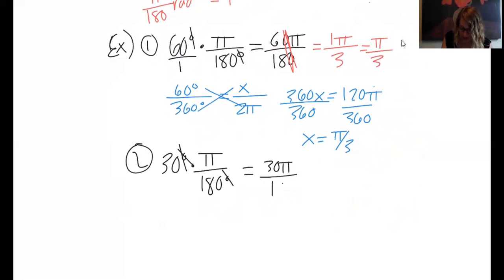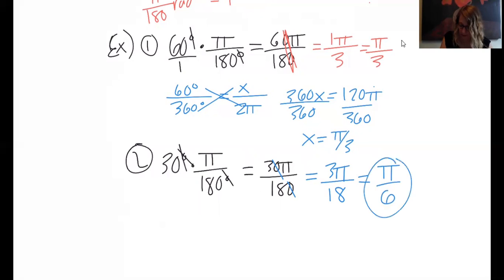I get 30 pi over 180. And then I can simplify my fraction. So I'm going to divide by 10 on both sides, or on the top and bottom rather. I have 3 pi over 18. 3 goes into 18 6 times. So that's pi over 6. Okay, these are going to come back later. So I'm showing them to you now so that way they'll be somewhat familiar.